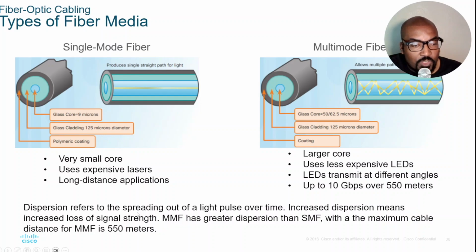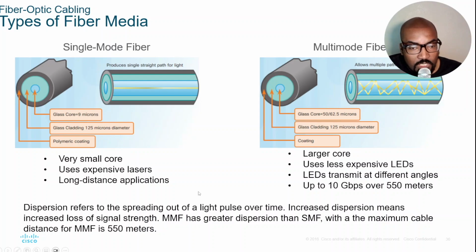Dispersion refers to the spreading out of a light pulse over time. Increased dispersion means increased loss of signal strength. Multi-mode fiber has greater dispersion than single-mode fiber, with a maximum cable distance for multi-mode fiber of 550 meters.